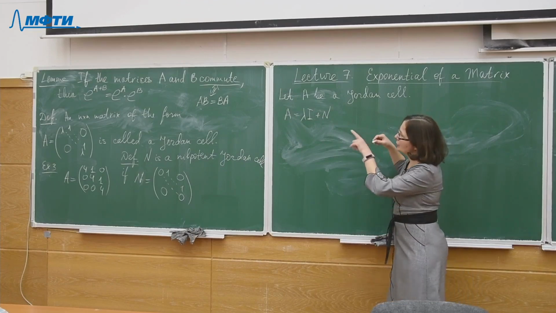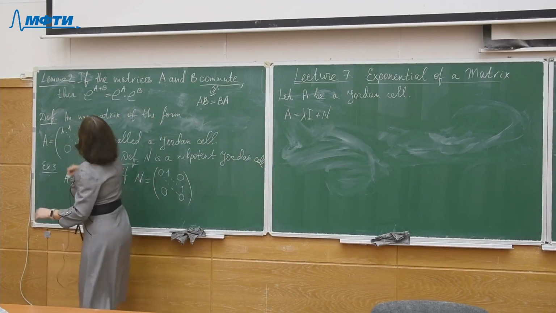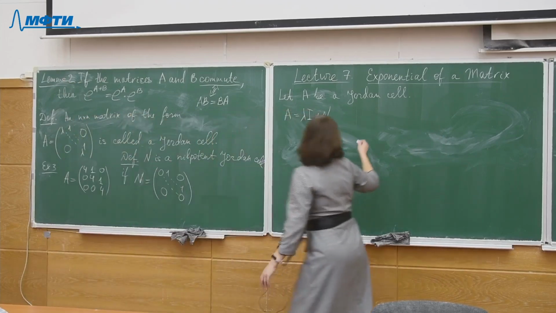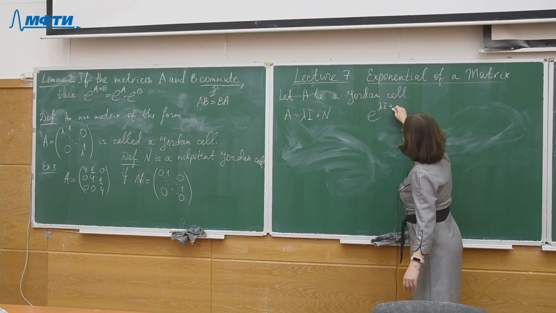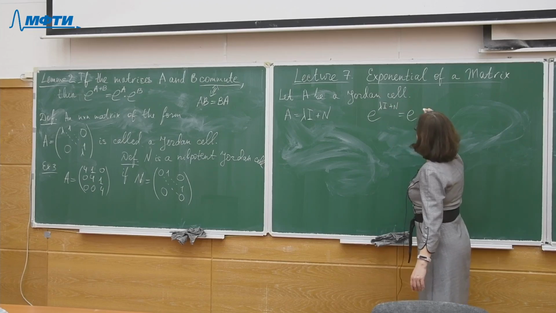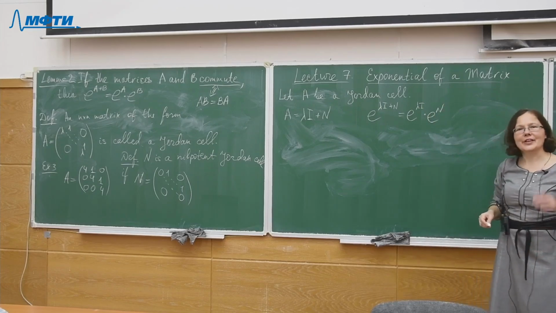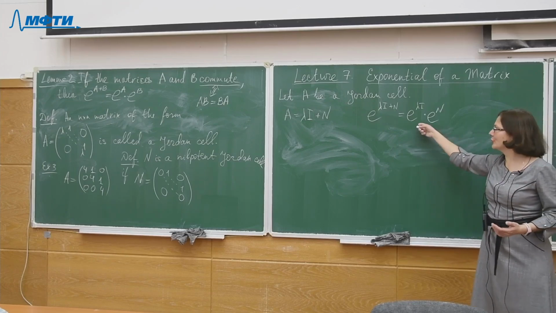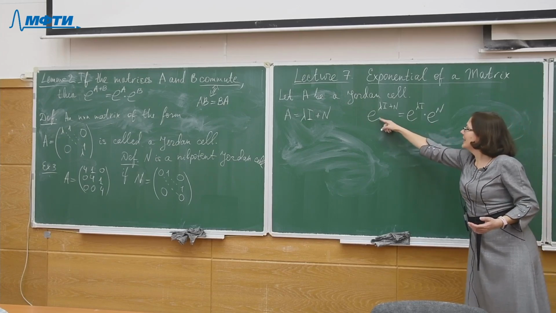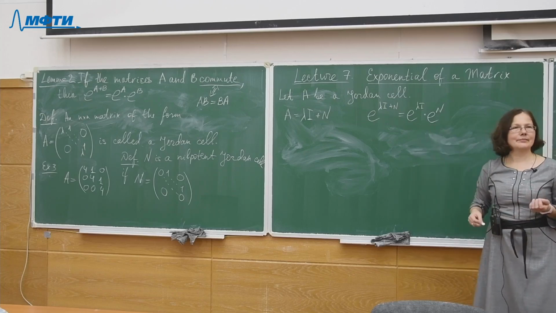Now I want to use lemma number 2. By lemma 2, e to the power lambda I plus N equals e to the power lambda I times e to the power N. Is it true? Can we use lemma number 2 to obtain this?